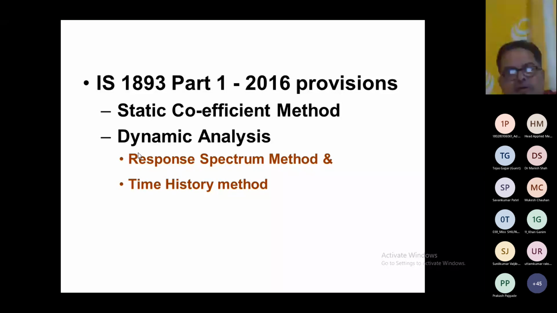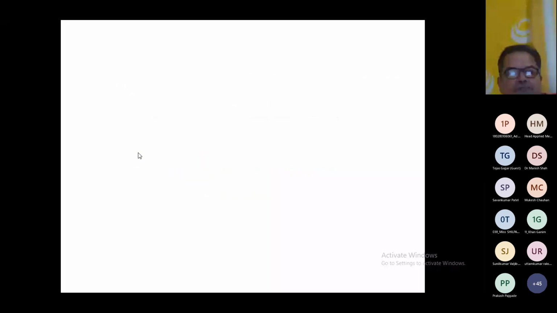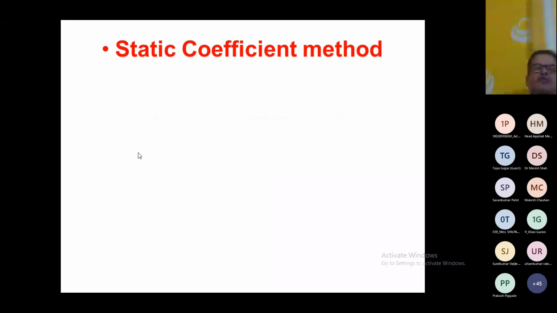So we have two types of methods: the static coefficient method, you can say the seismic coefficient method, and the dynamic analysis by the response spectrum method or time history method, right? So we'll first discuss the static coefficient method, right?